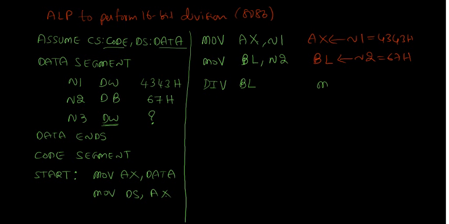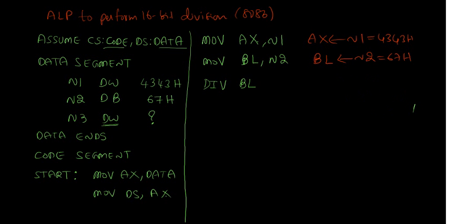You have to remember, for MUL and for DIV, the AX is an implicit operand. That means you need not write that AX whenever these DIV and multiplication instructions are being used. So you can write simply DIV BL.